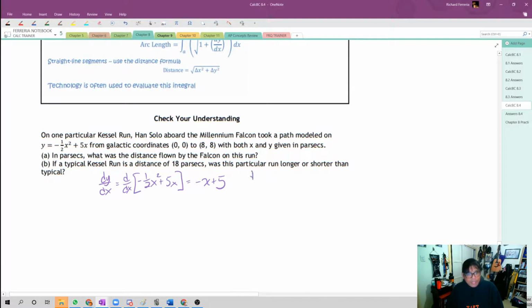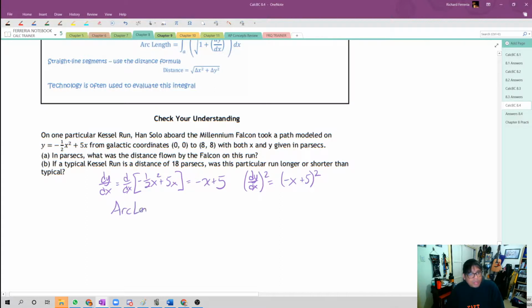So (dy/dx) squared is just equal to (negative x plus 5) squared. Now, the next part is to set up the distance. We usually call this arc length and not distance.